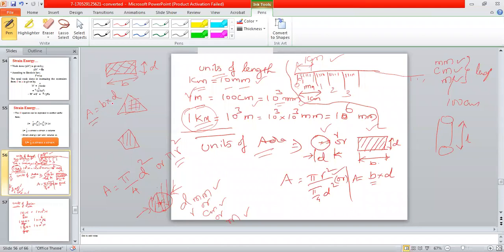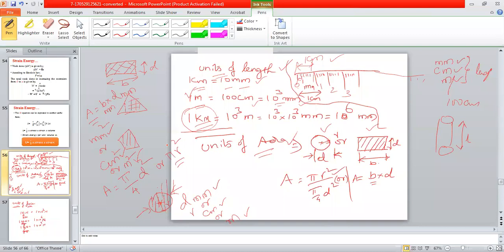Here b has units of mm, d has units of mm. Therefore, the area units will be mm square, centimeter square or meter square. We have discussed the length units and the area units.